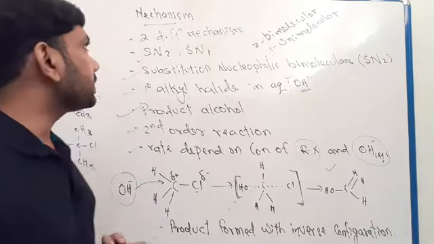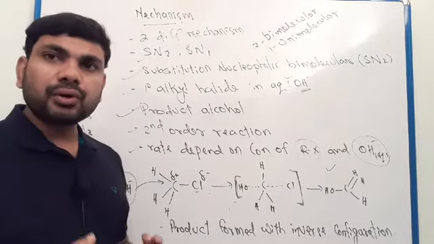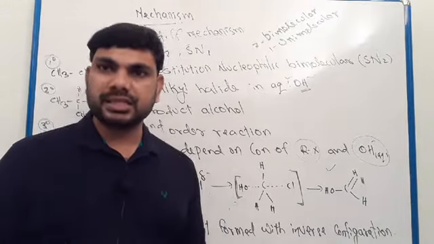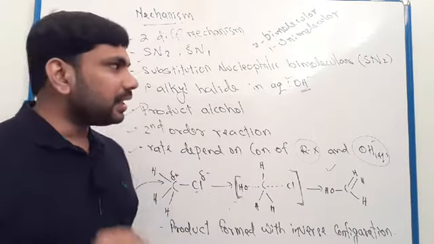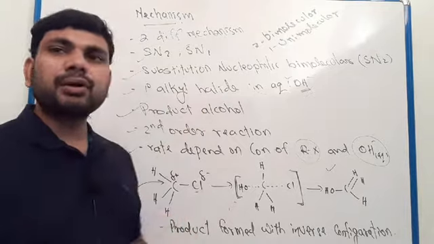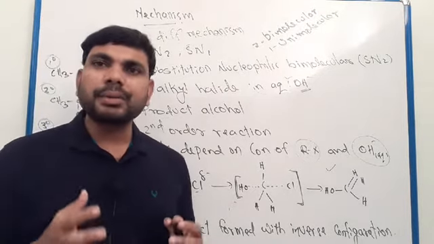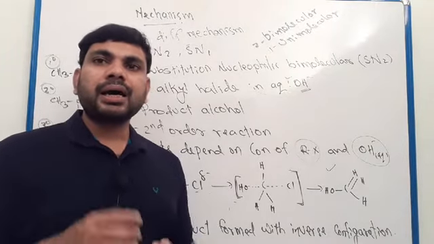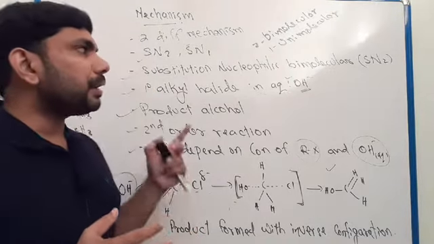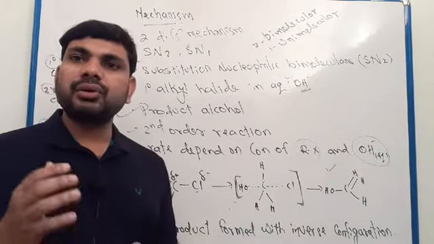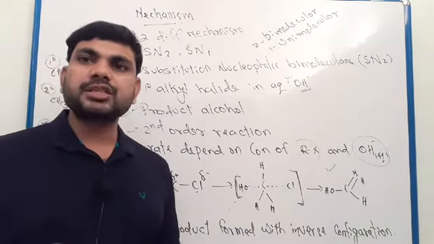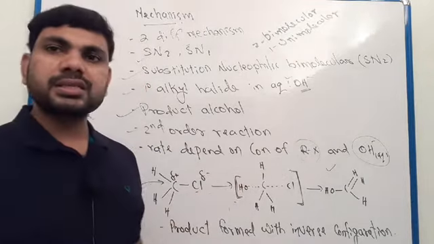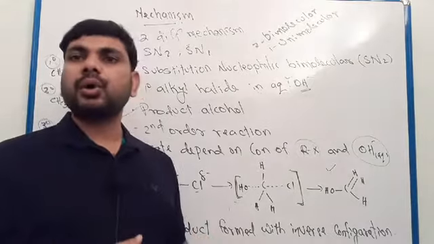So here we discussed the mechanism for nucleophilic substitution reaction. There are two mechanisms, SN1 and SN2, and here we discussed more details about the SN2 mechanism. The SN2 mechanism happens only in primary alkyl halide. Primary alkyl halide undergoes nucleophilic substitution reaction in the presence of aqueous OH minus, and the product formed is alcohol.